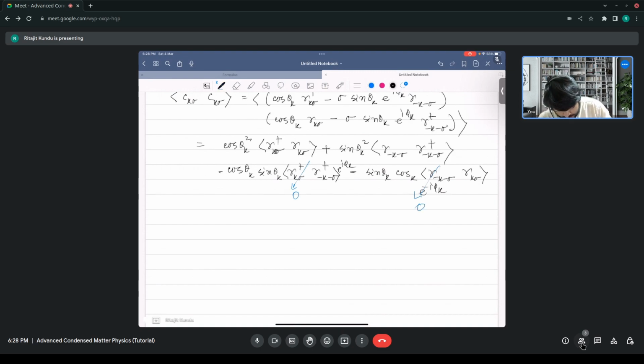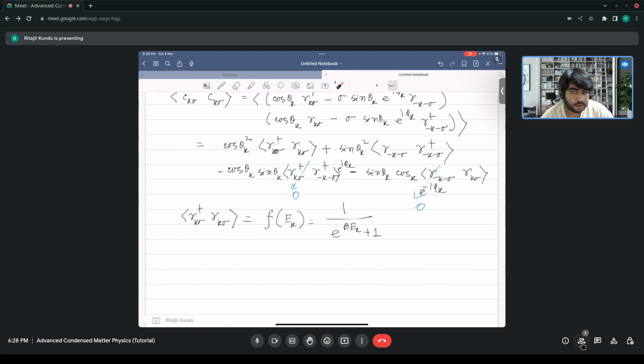And this gamma k sigma dagger gamma k sigma expectation value in a grand canonical ensemble is given by the Fermi function, right? So it is given by f of ek, which is nothing but 1 over e to the power beta ek plus 1. Just remember that you always assign this function to the diagonal number operators.